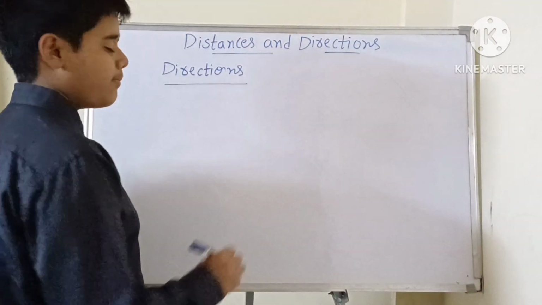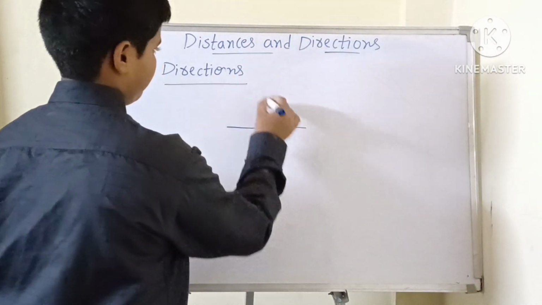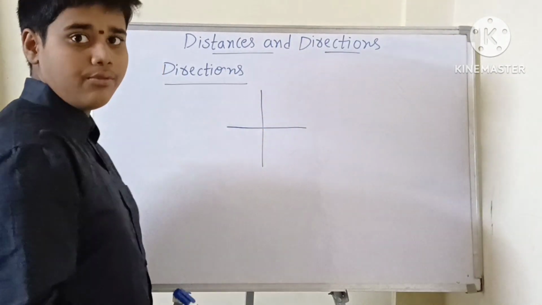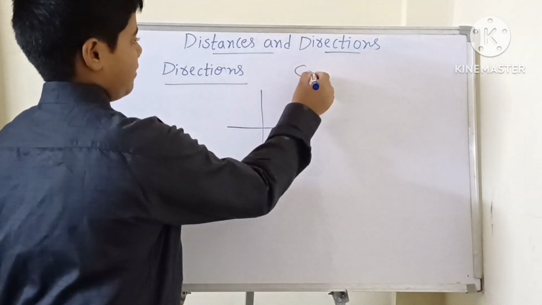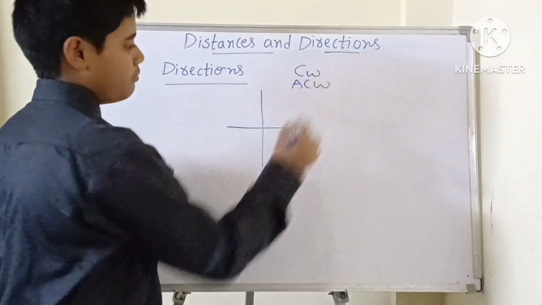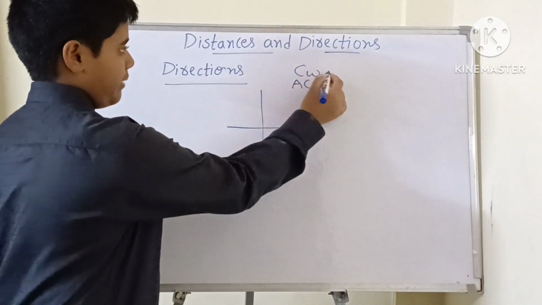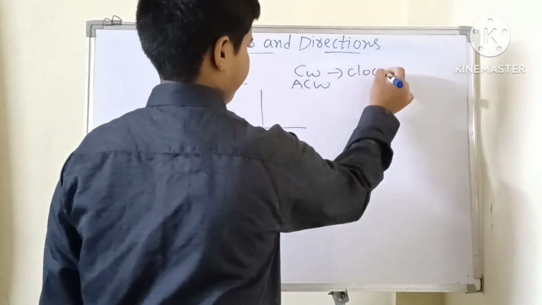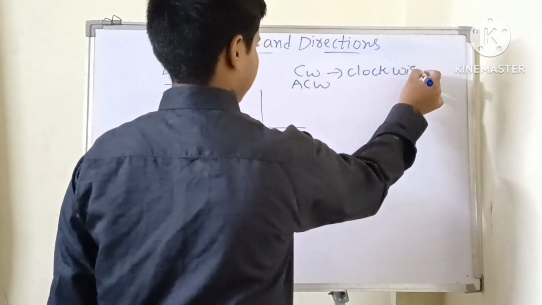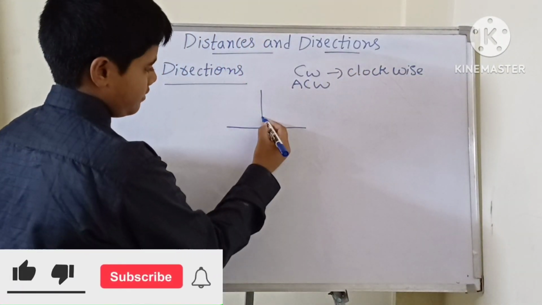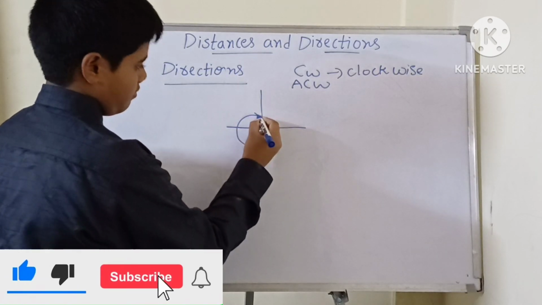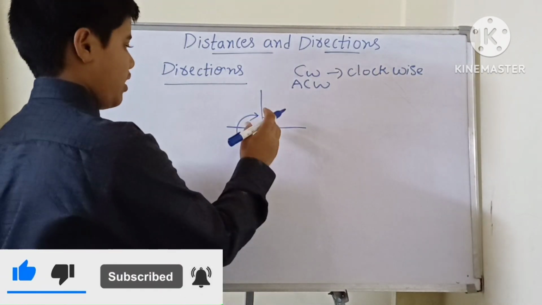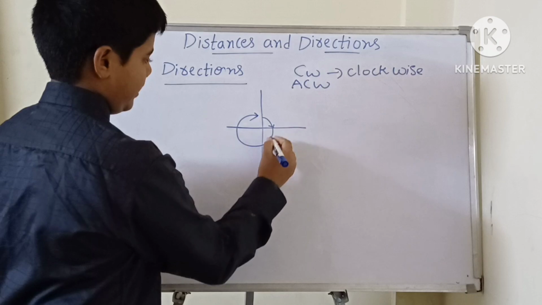And directions. Here we have to learn about CW and ACW, which means CW means clockwise. Clockwise means like this. This is clockwise. We have to go like this.